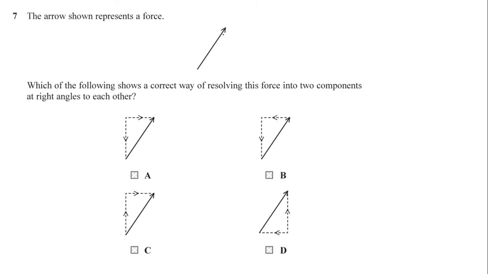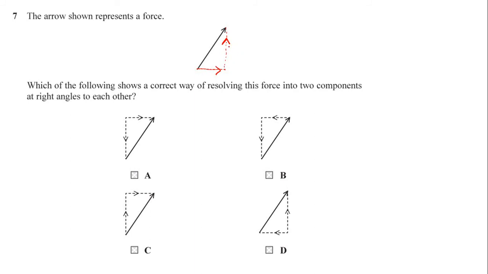If you draw components below the arrow, the easiest way, in my opinion, is to draw a perpendicular from the head and then go to the tail. Then for the arrows, you go back and mark the first arrow and then keep going. This is the second arrow. So these are the two components, horizontal and vertical, of the force.